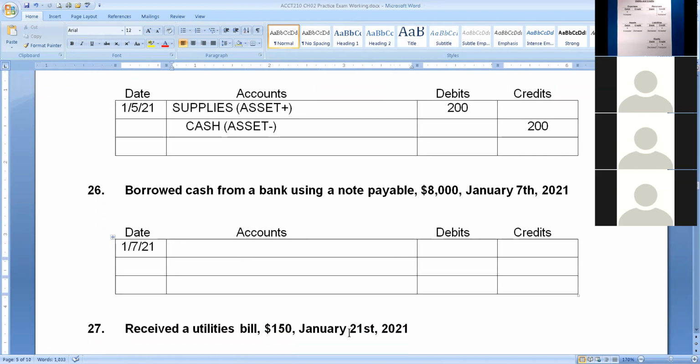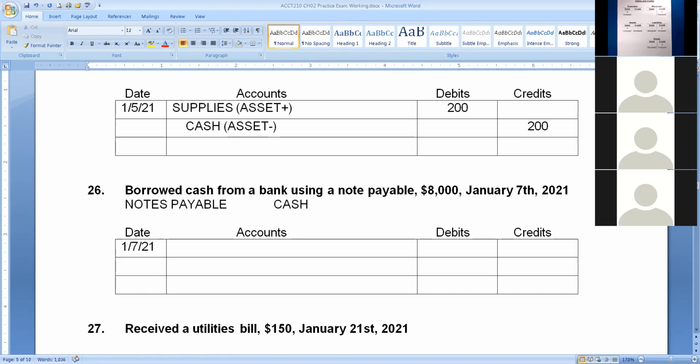All right. Borrowed cash from a bank using a note payable. What accounts? Notes payable and cash. Let's do the tricky one first.